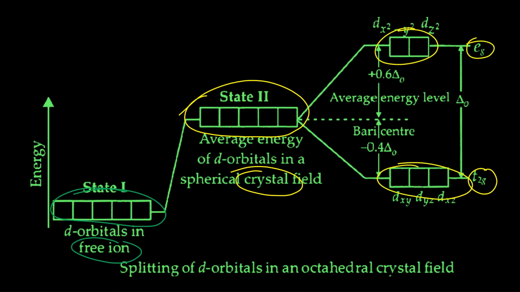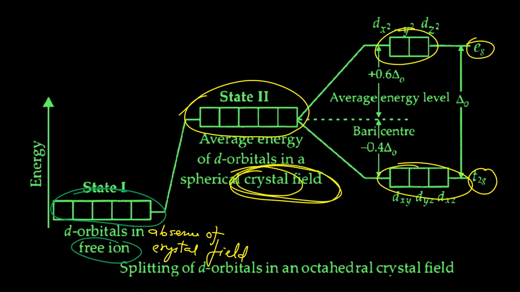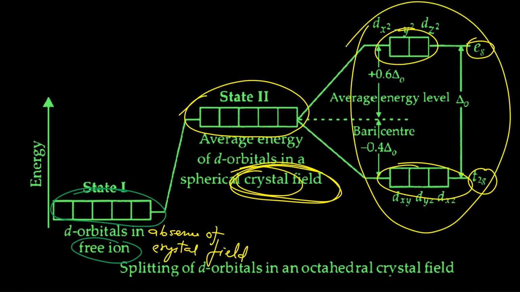This diagram shows this is in the absence of crystal field, and this is in the presence of crystal field, where it further splits into two. T2G is stable, so it has lower energy. Eg is less stable, so it acquires higher energy. But the sum of these two has to be equal to this one.